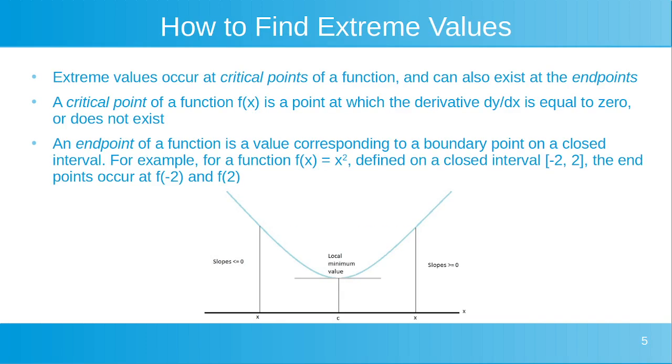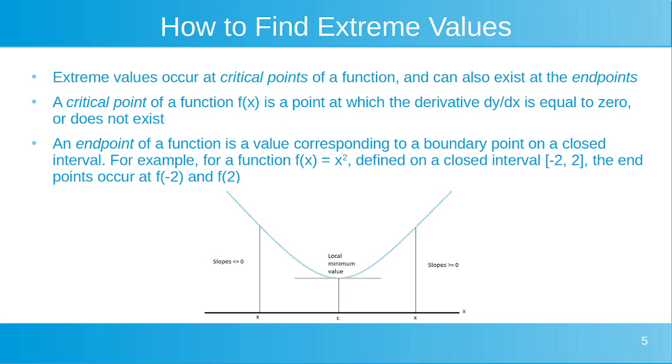Extreme values occur at what we call critical points of a function, and they can also exist at the endpoints of a function. So a critical point of a function, f of x, is a point where the derivative, dy/dx, is equal to 0, or where it doesn't exist.